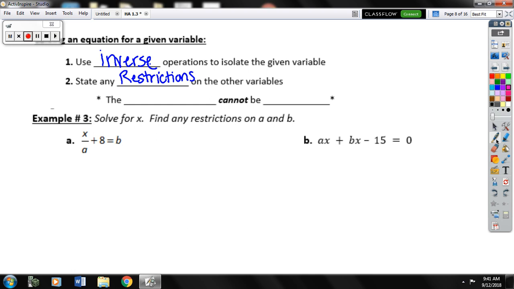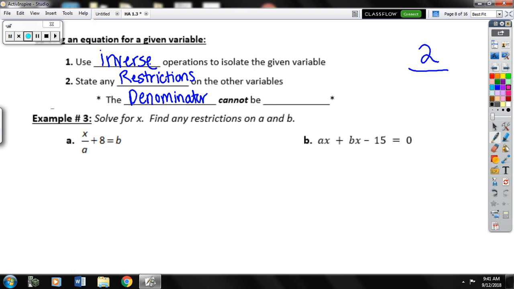The only restriction you're going to have to worry about right now is your denominators. What number is not allowed to be in the denominator of a fraction? Aiden? Variables? No. What number is not permitted to be in the denominator?